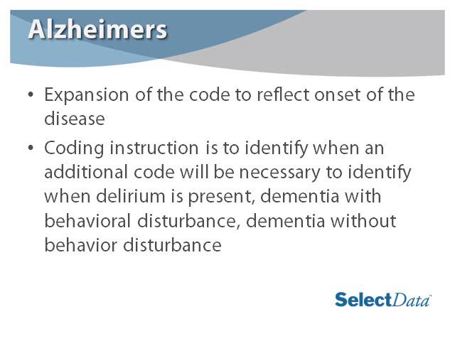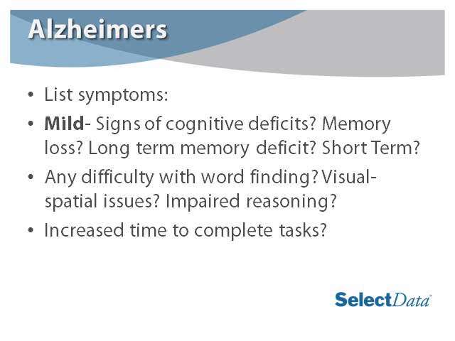There is an expansion of this code to reflect onset of the disease, and the coding instruction does state that we have to identify when an additional code is necessary if there is presence of delirium, dementia with a behavioral disturbance, or dementia without a behavioral disturbance. So again, this all has to be documented because now the specificity of the coding is linked directly to that documentation.